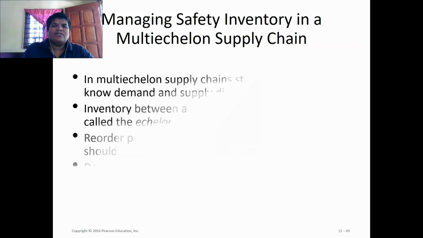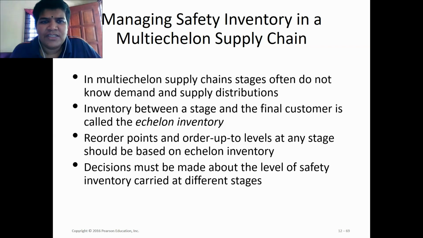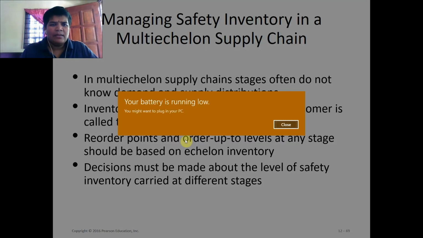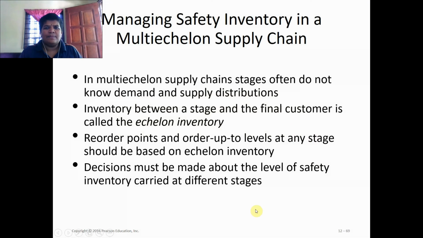Okay, managing safety inventory in a multi-echelon supply chain. In a multi-echelon supply chain, stages often do not know demand and supply distribution. Inventory between a stage and the final customer is called the echelon inventory.